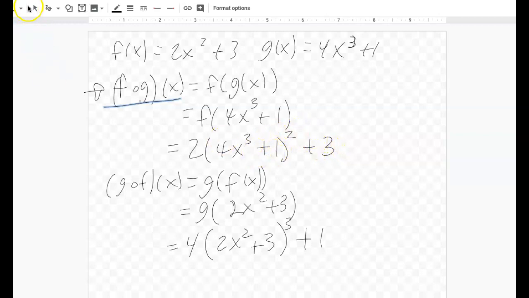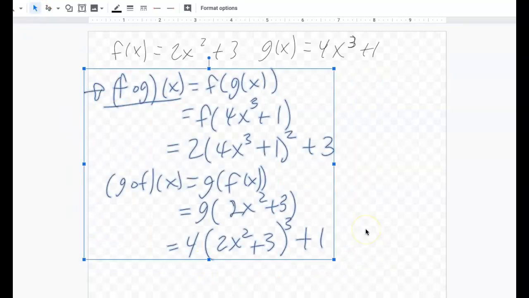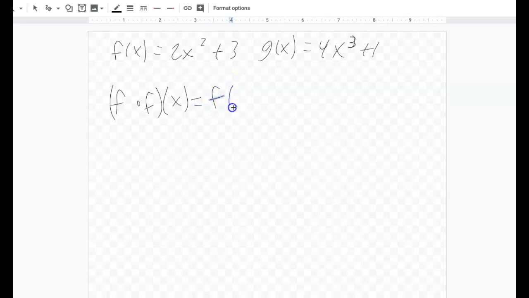Alright, so I wanted to look at f composed with f and g composed with g. So when we look at f composed with f of x, this is going to be f of f of x. And the inside function is f of x, so 2x squared plus 3.